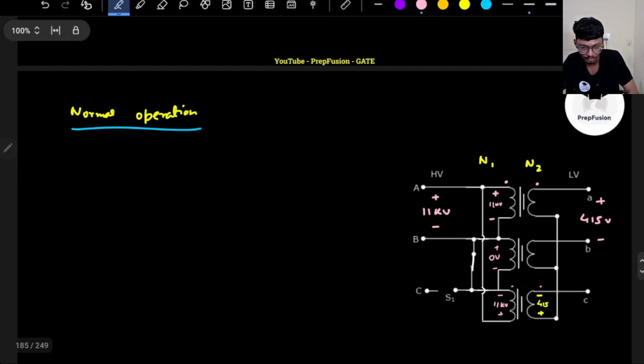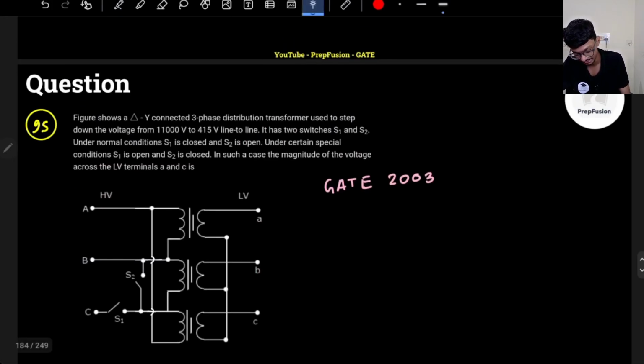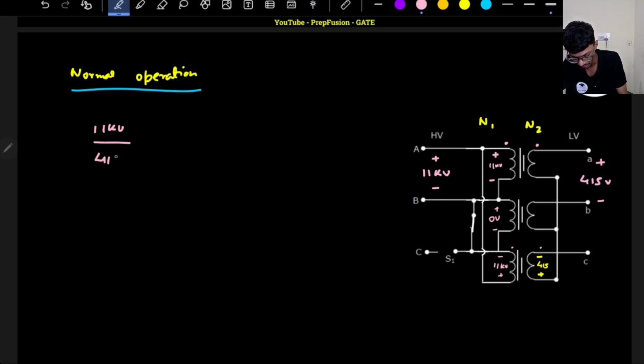For normal operation it is delta star connected, so in the high voltage side the line voltage and phase voltage will be the same, that is 11 kilovolt only. What will be the phase voltage in the low voltage side? The low voltage side is star connected, as mentioned, delta star. So here the line voltage is 415, and the phase voltage will be 415 divided by root 3.